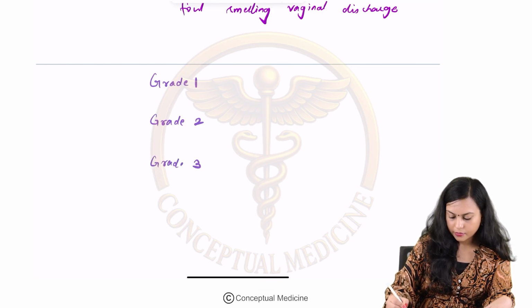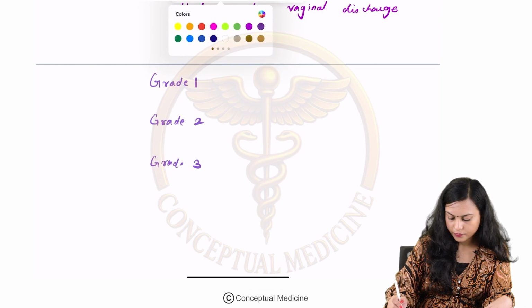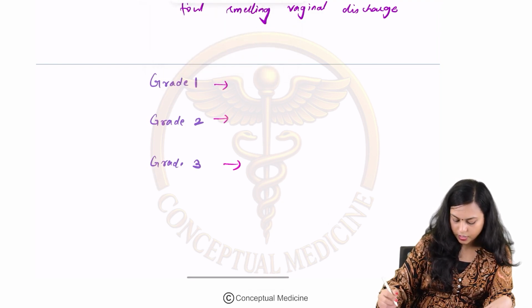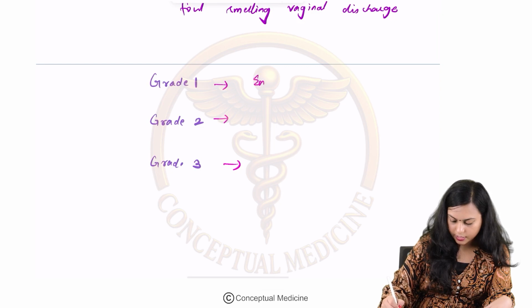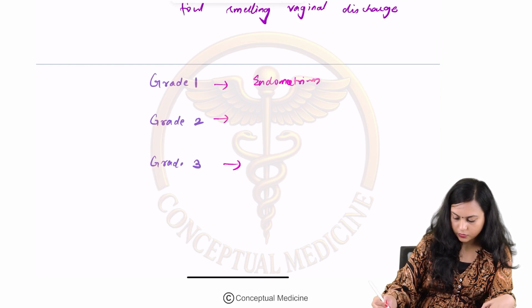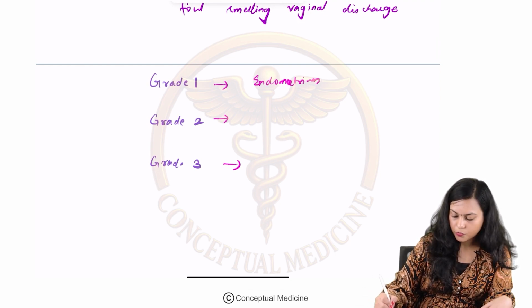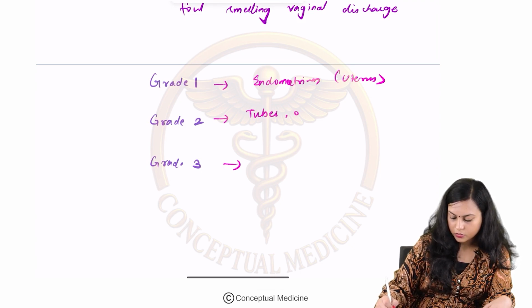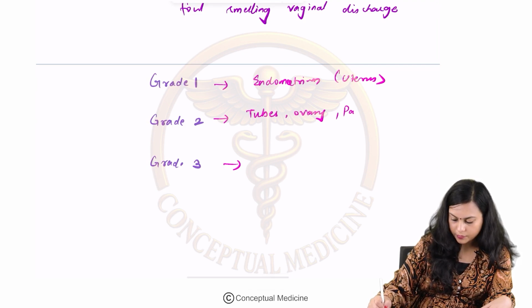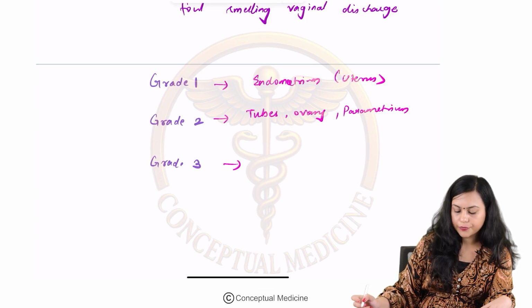In grade 1, usually the endometrium of the uterus is getting involved, and in grade 2, the adnexal tubes, ovary can get involved, and even sometimes the parametrium can also get involved.